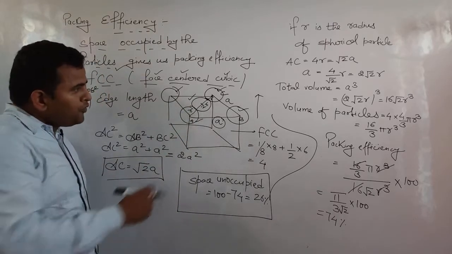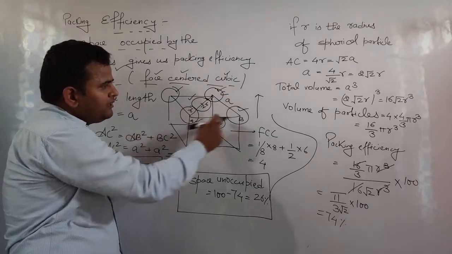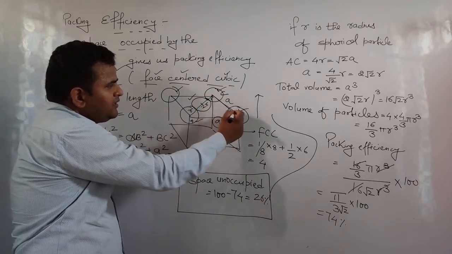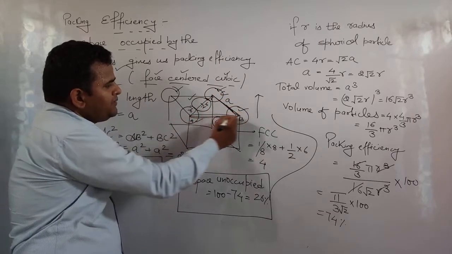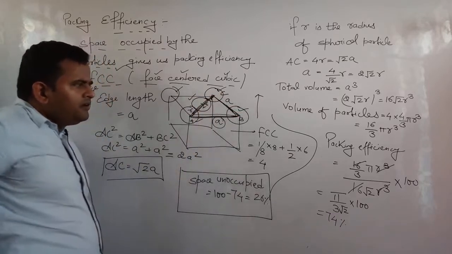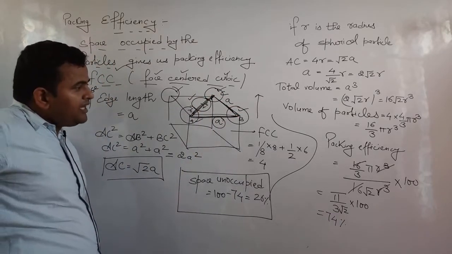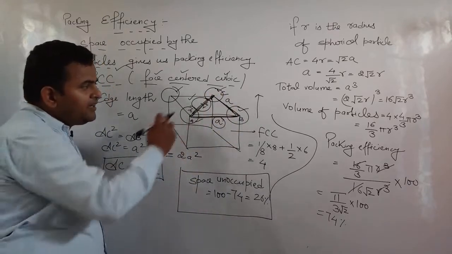Okay, so for that I'll be joining A to C, and there is a triangle formed, that is ABC here. This ABC triangle has AB as a and BC as a, which is a right-angled triangle.